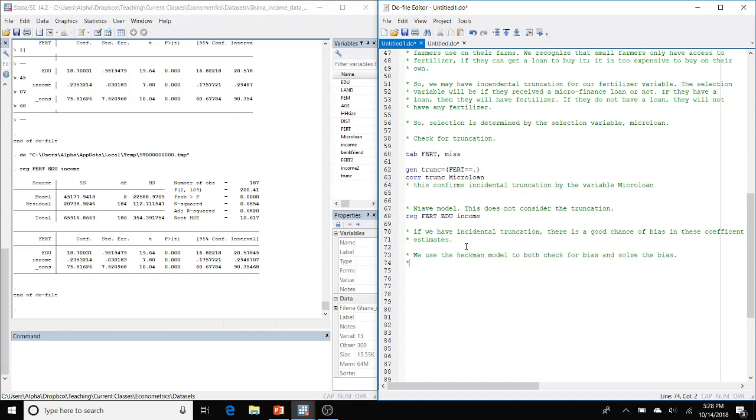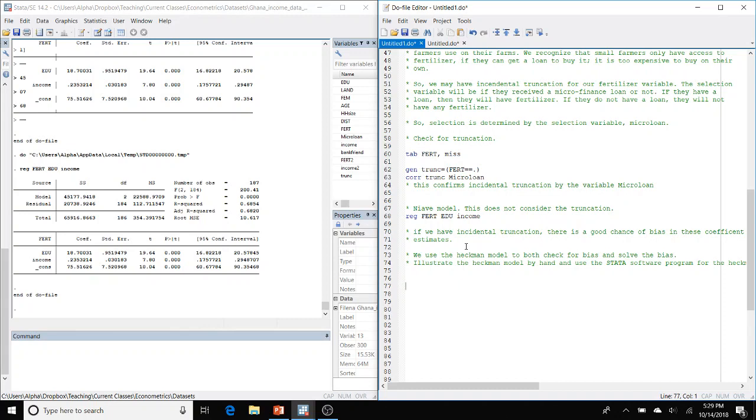I'm going to do it by hand. That means I'm going to calculate the inverse Mills ratio myself, and use the Stata software program for the Heckman model.